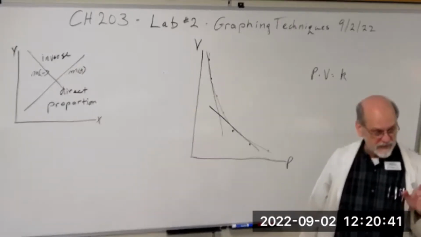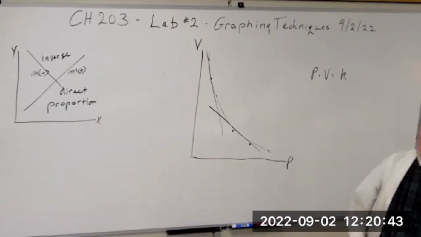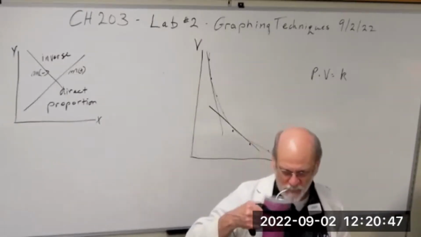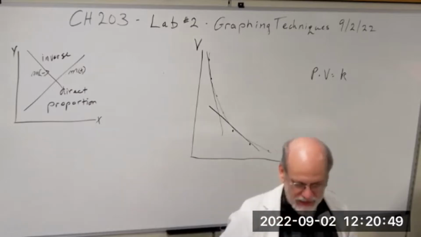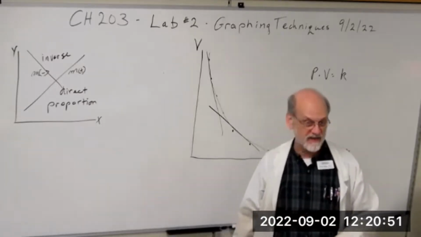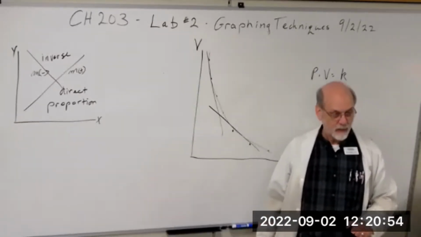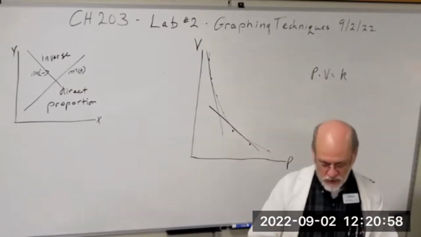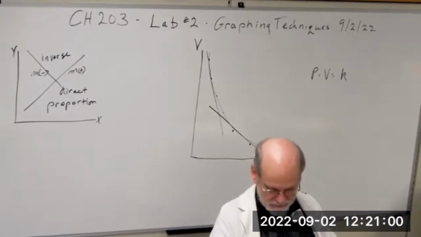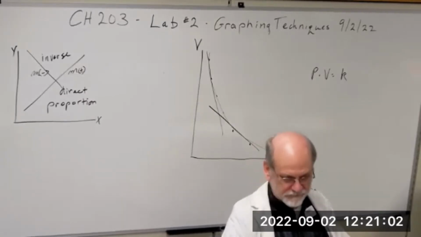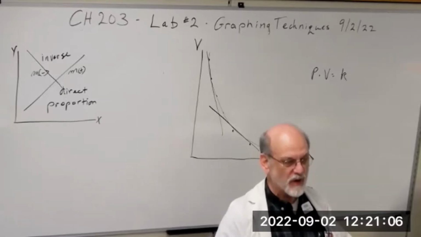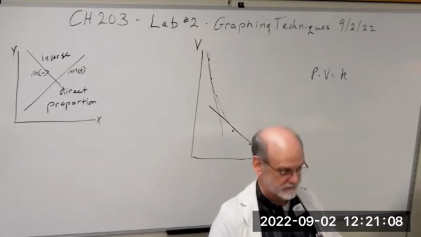But there's something interesting. Scientists, when they can, will manipulate their data and, if possible, create a straight line out of it. And we can do that out of this data. And that's what they're showing you. The top part of this frame is the curve, and the bottom part is the straight line based upon the original data.